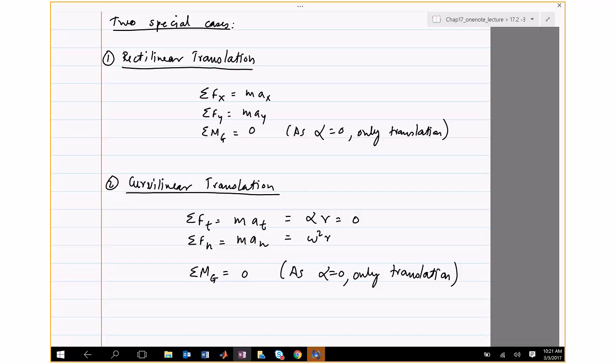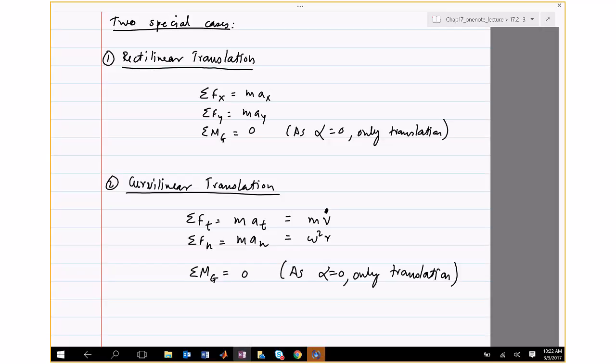This is not right, sorry. This is the rate of change of velocity in the tangential direction, that is not equal to alpha.